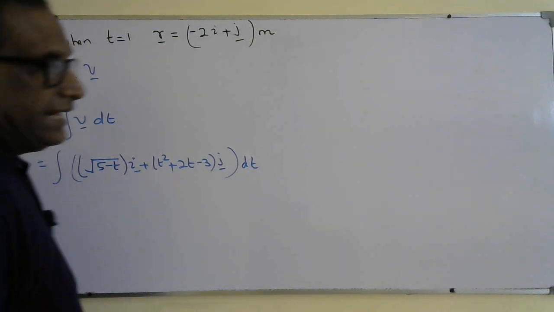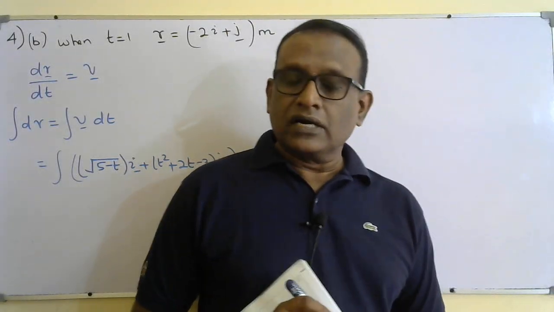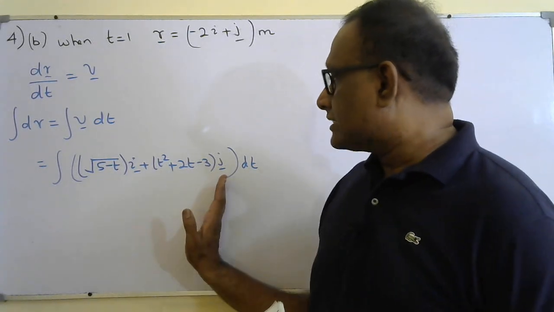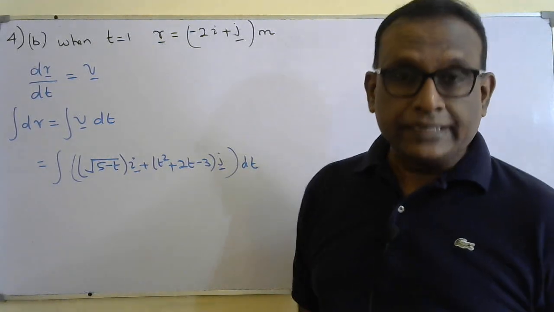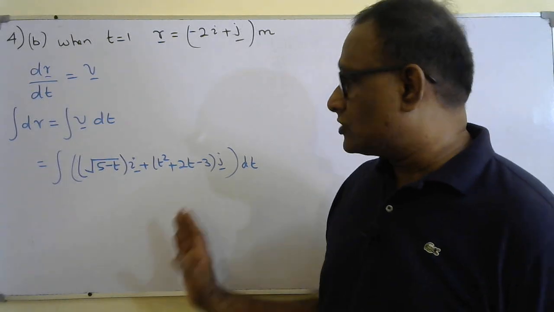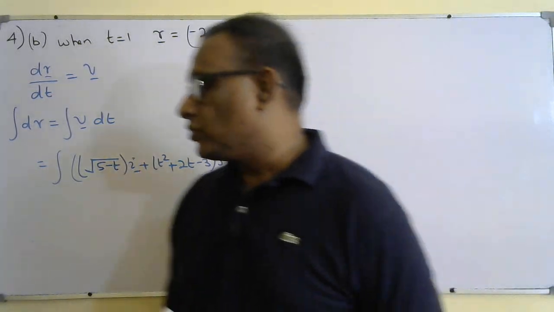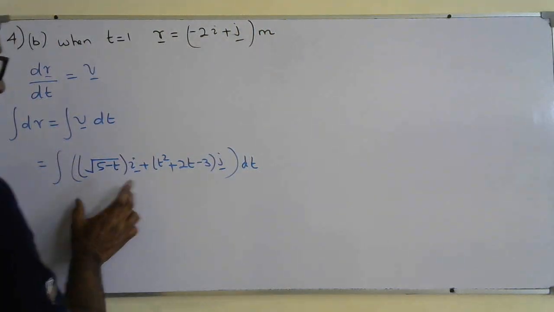When we integrate, we need to assign constants for i and j separately, because i and j are independent vectors. So we'll integrate part by part, the i separately and the j separately.